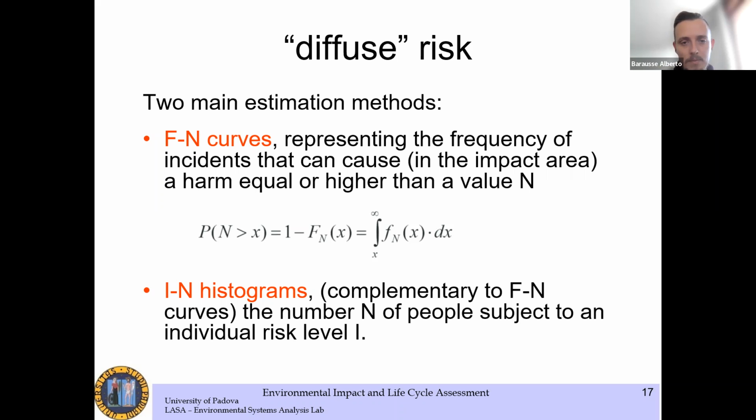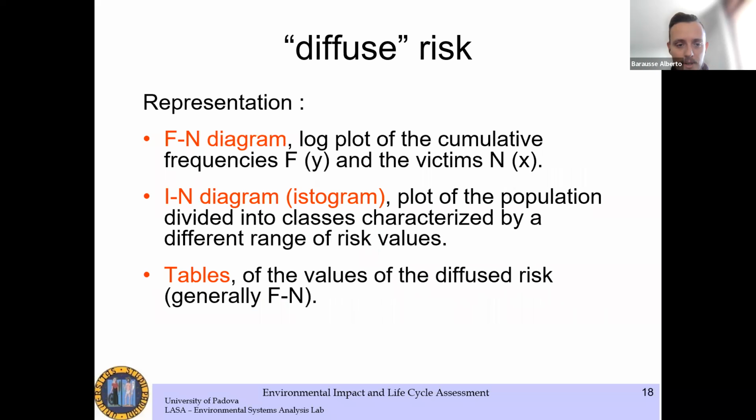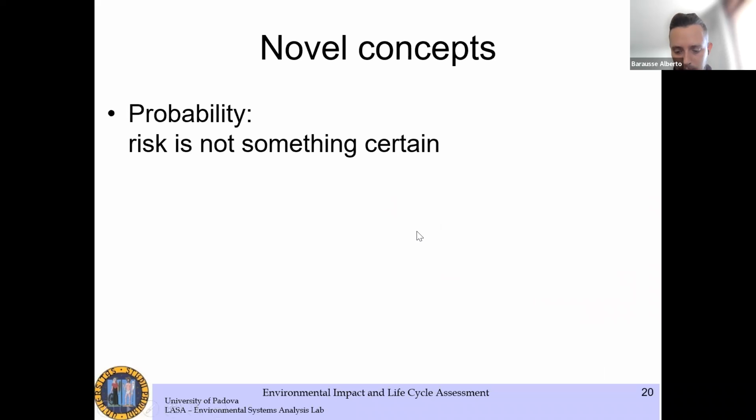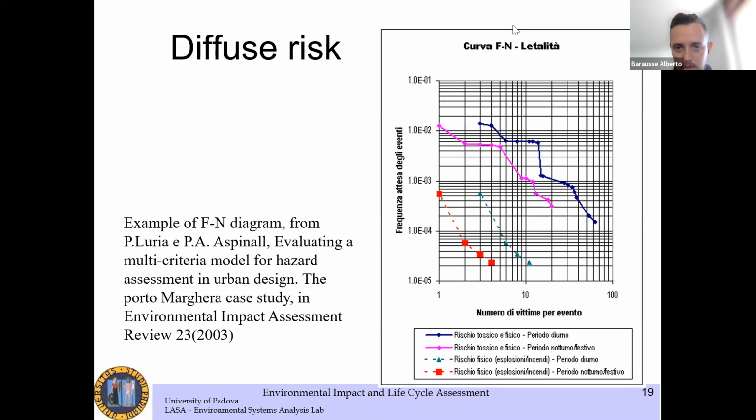And again, you have methods for estimating and visualizing this kind of risk, such as FN curves and FN histograms. This is just an example of an FN histogram.